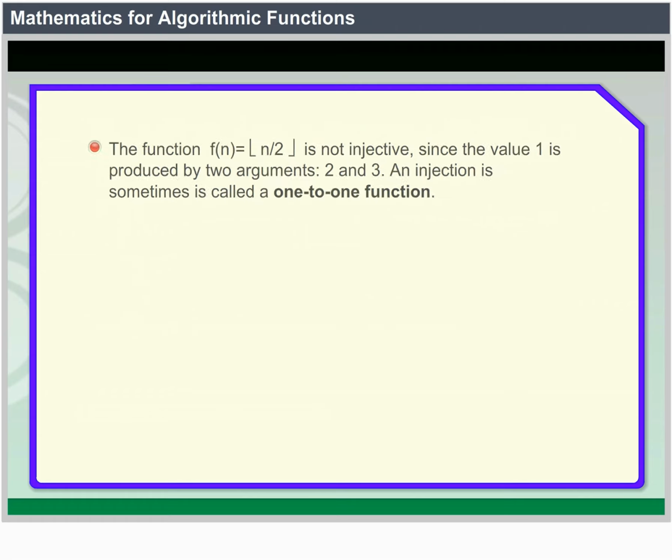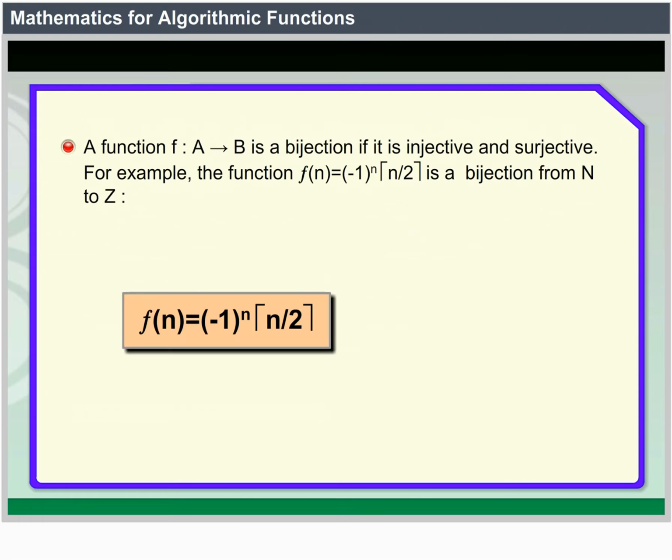A function f such that A → B is a bijection if it is injective and surjective. For example, the function f(n) = (-1)^n ceiling of n by 2 is a bijection from N to Z: 0 implies 0, 1 implies -1, 2 implies 1, 3 implies -2, and so on.